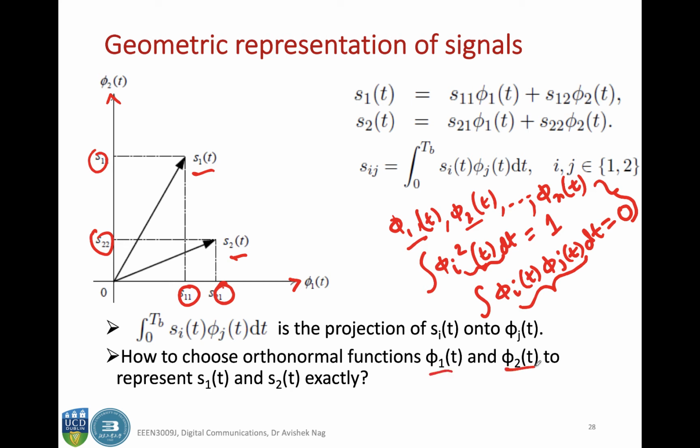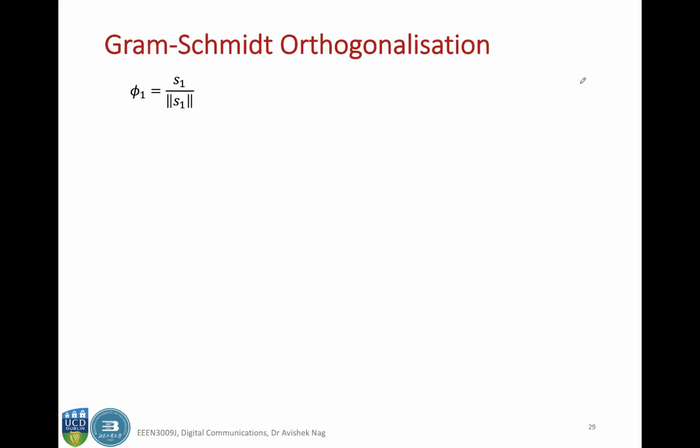Given a set of signals s1, s2 and so on, how do we choose these phi 1 and phi 2 so that they follow these properties, and you can define the signals in a signal space spanned by phi 1, phi 2, or maybe phi 3, phi 4 up to phi n? That can be done by a simple algorithm called Gram-Schmidt Orthogonalisation.